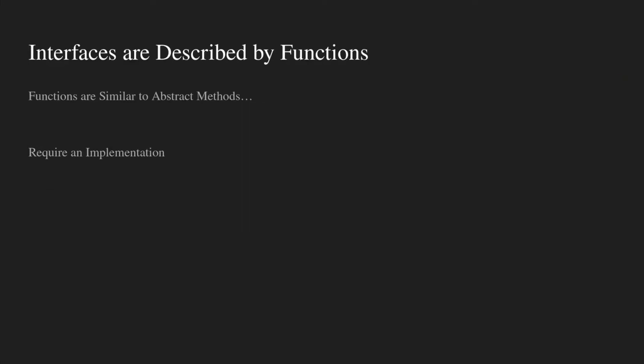So when you create an interface, you describe it by using the functions that contract upholds. And these functions work exactly like abstract methods. So when you create a class that implements an interface, you have to actually write how that function works.